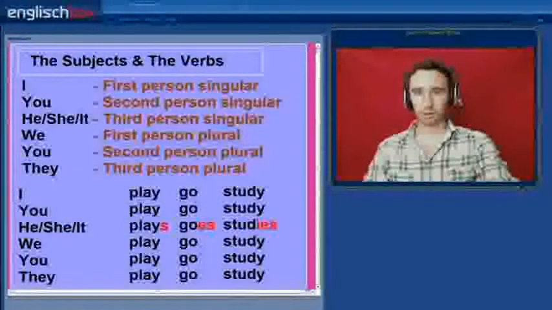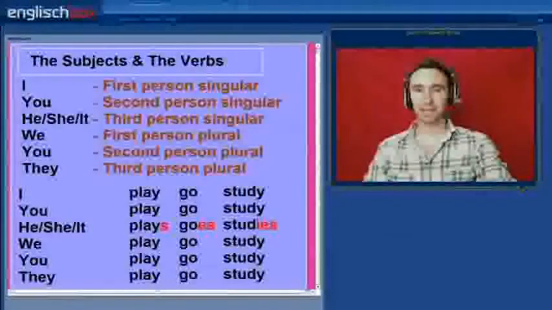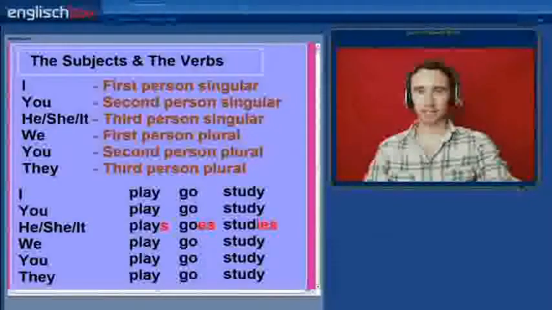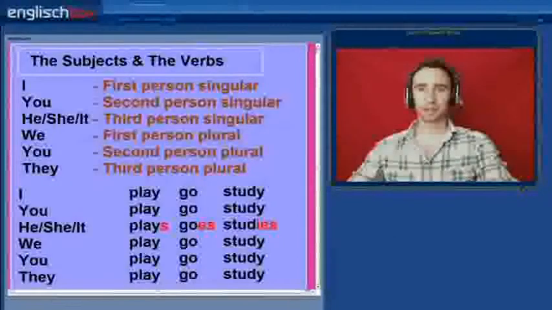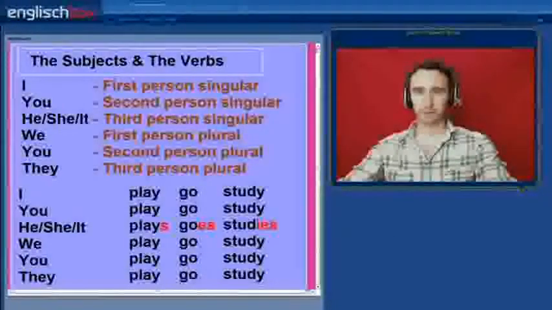With some verbs, for example to go, you have to add es when the verb ends in o. And with some other verbs ending in consonant y, you have to remove the y and add ies. For example, study becomes studies.